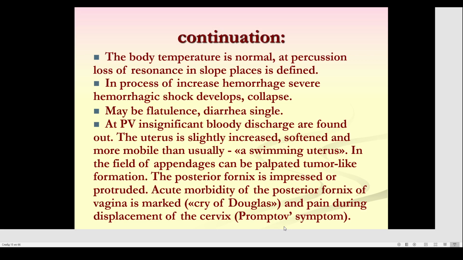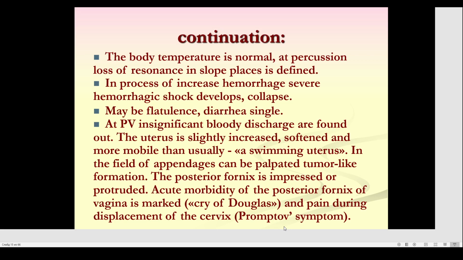Maybe flatulence, single diarrhea. During vaginal examination, insignificant bloody discharge is found. The uterus is slightly increased, softened and more mobile than usual, a so-called floating uterus. In the field of the appendages, a tumor-like formation can be palpated.